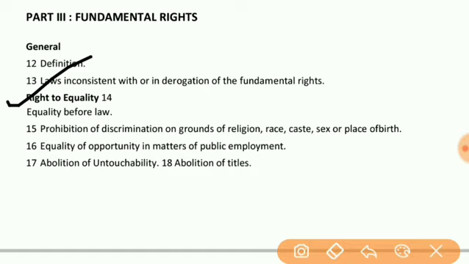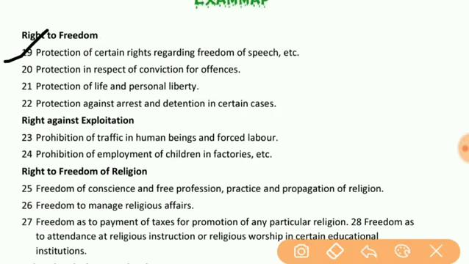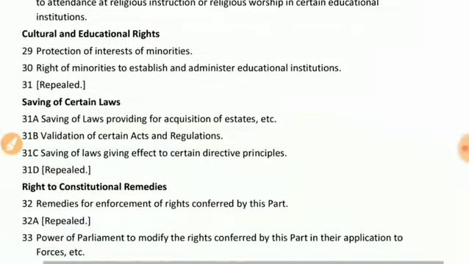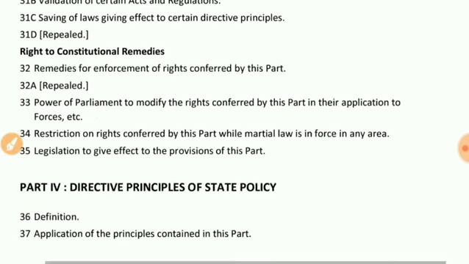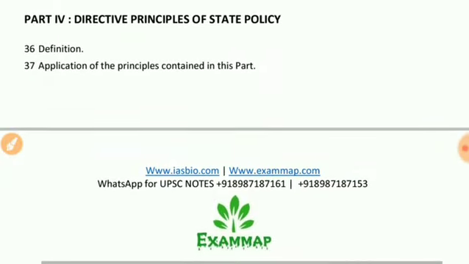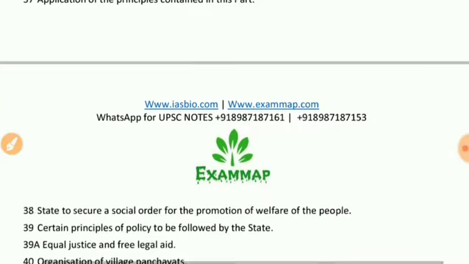Here we have the right to equality, right to freedom, right against exploitation, right to freedom of religion, cultural and educational rights, saving of certain laws, and the right to constitutional remedies. Then we have Part 4, which is the Directive Principles of State Policy.